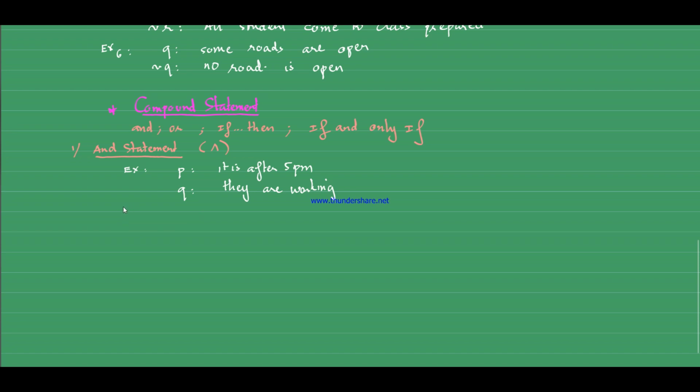So I can write P and Q. This symbol also means intersecting. So we can write: it is after 5 p.m. and they are working.